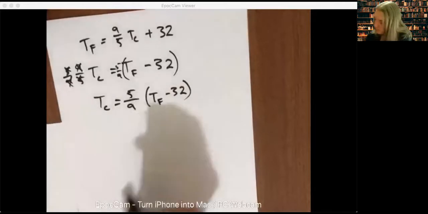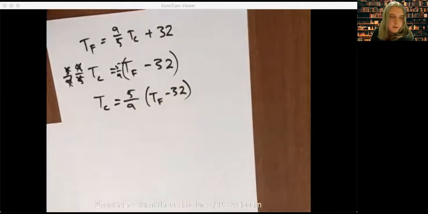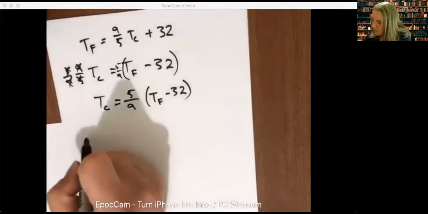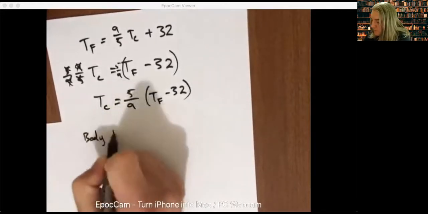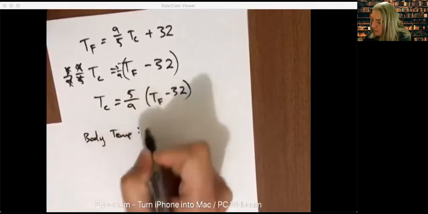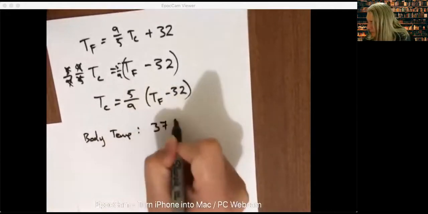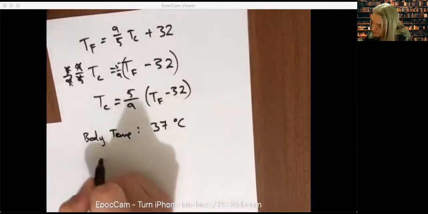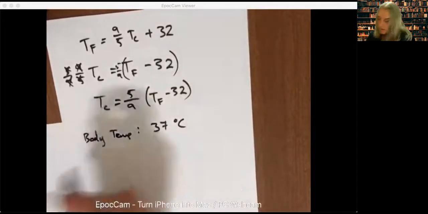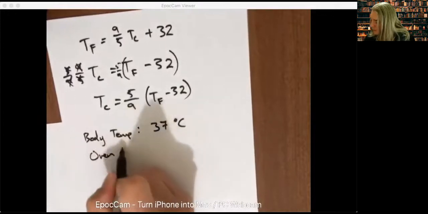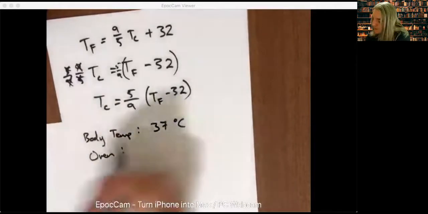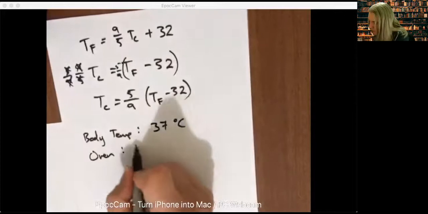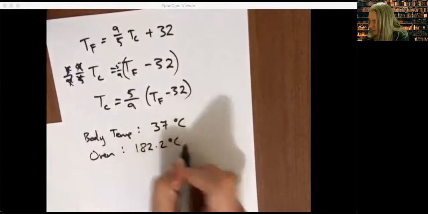So the first one was body temperature of 98.6, which becomes 37 degrees Celsius. Then the oven setting: an oven at 360 degrees F becomes 182.2 degrees Celsius.